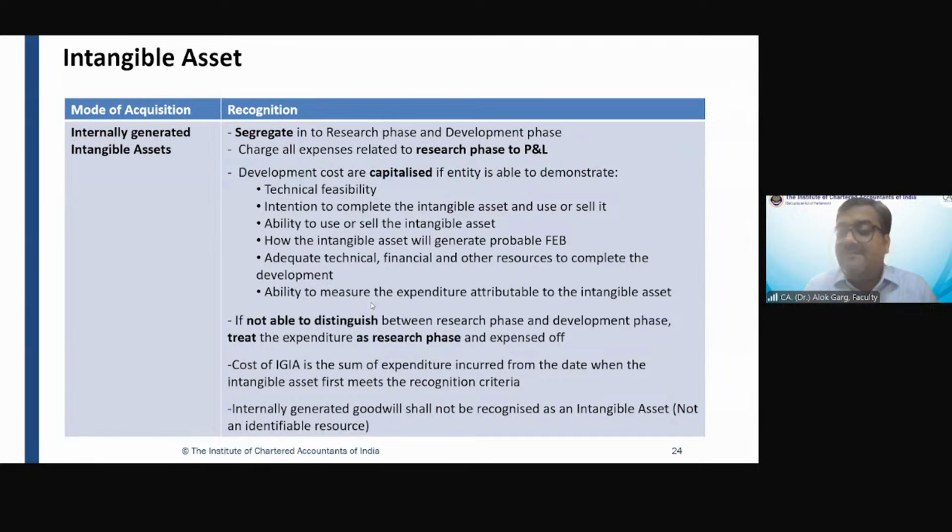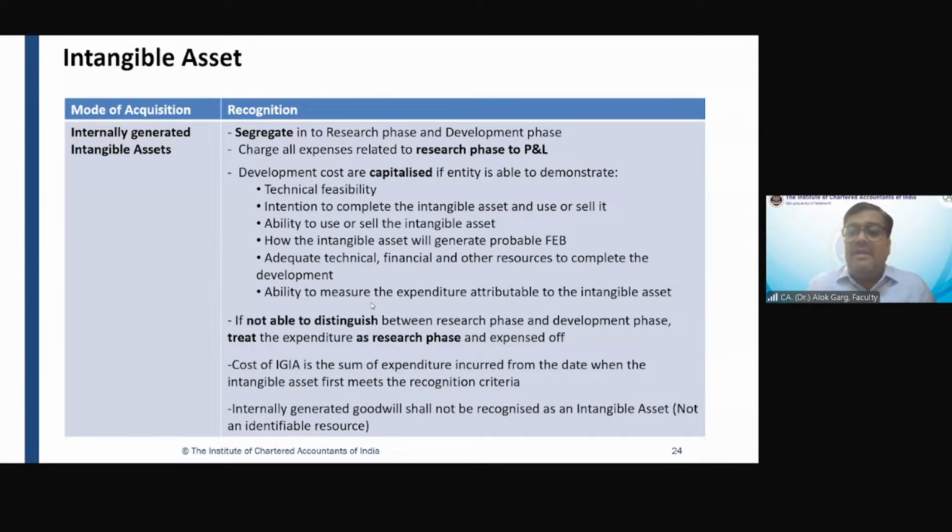So if a private company has reached the right formula, will it be able to use or sell the intangible asset? The answer is no, because the government has denied that.